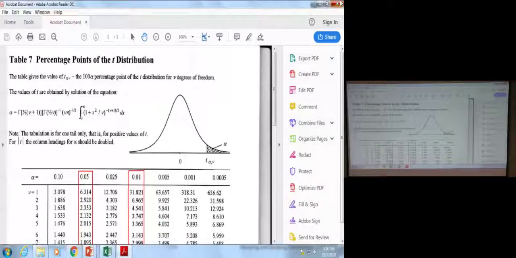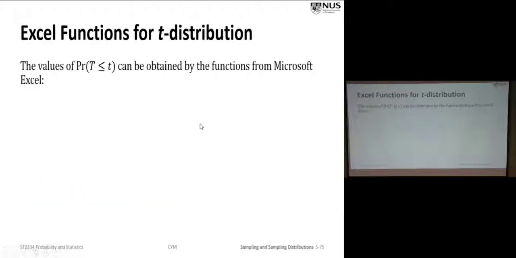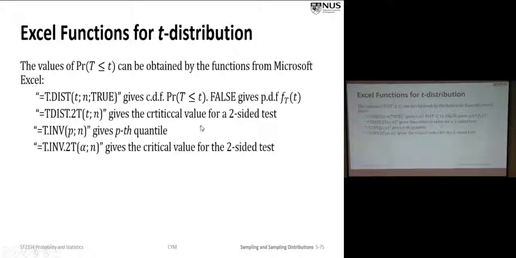Okay, it's the same table. So for the Excel function, again, you can use T.DIST. This is to find the cumulative probability. This one is to find the quantile.